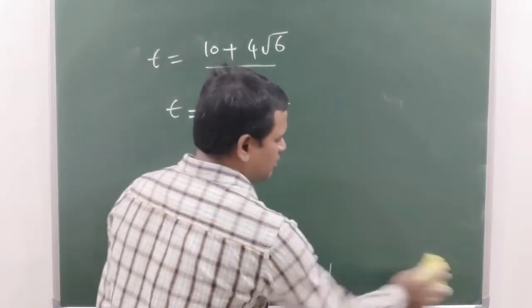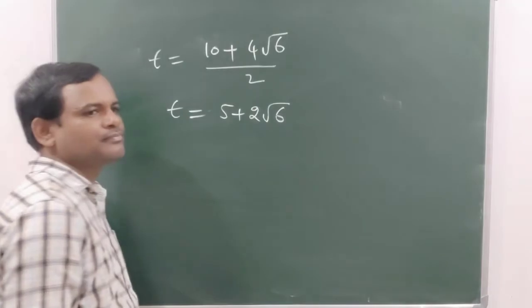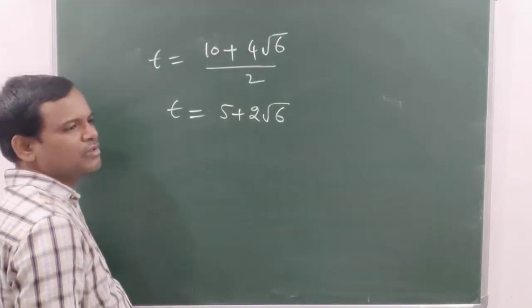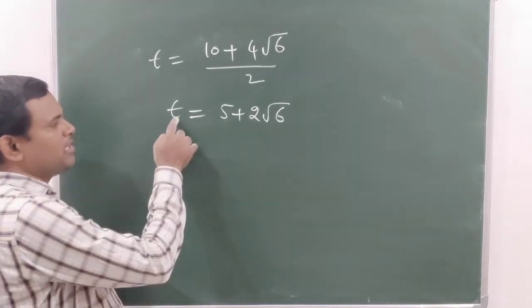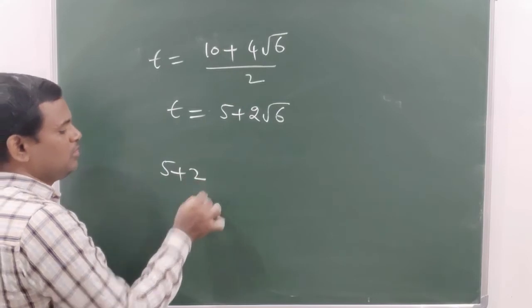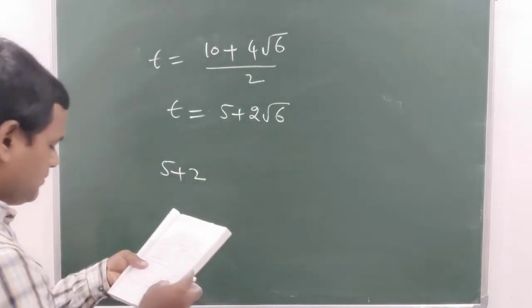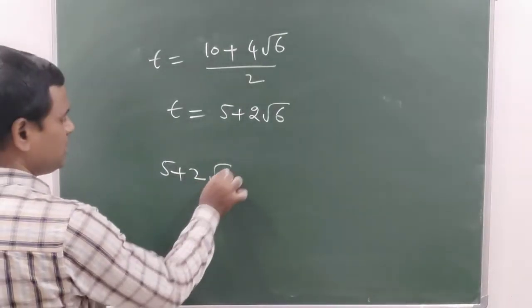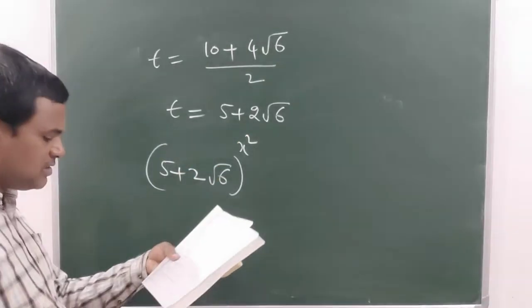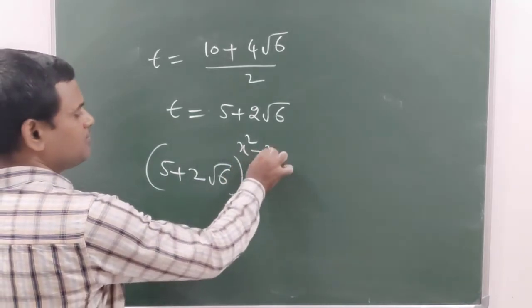But t is equal to (5 + 2√6) to the power x² − 3.